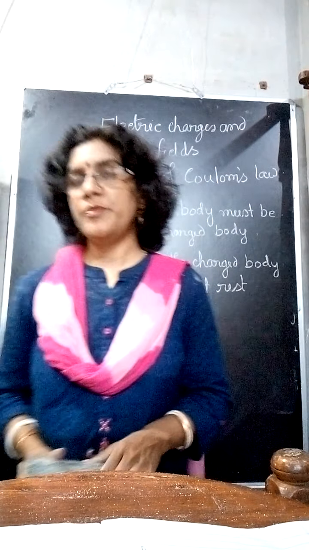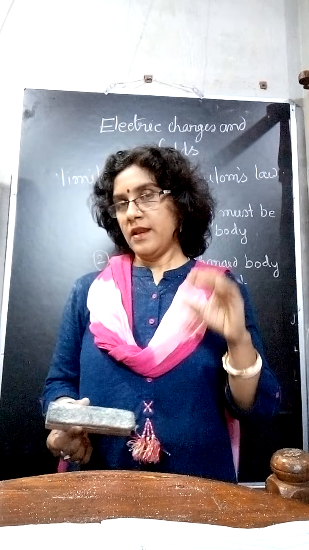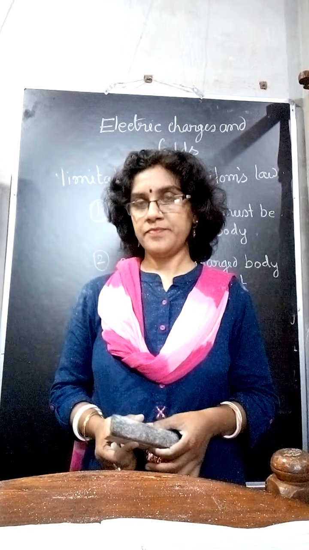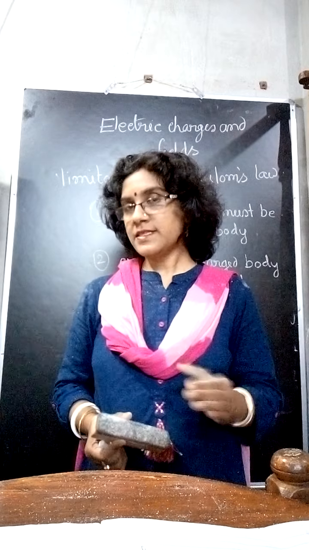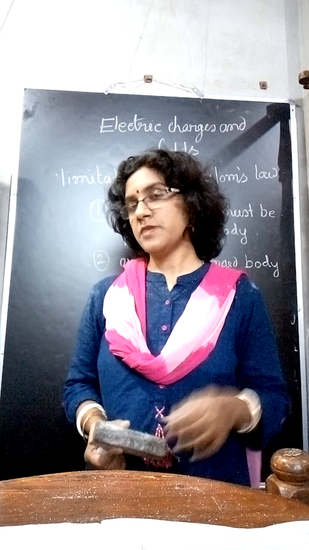Third limitation: the separation between the charged bodies should be more than 10 to the power minus 15 meter, because below 10 to the power minus 15 meter nuclear forces become predominant.